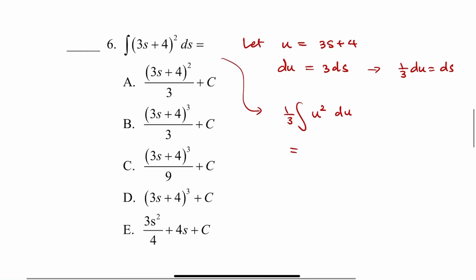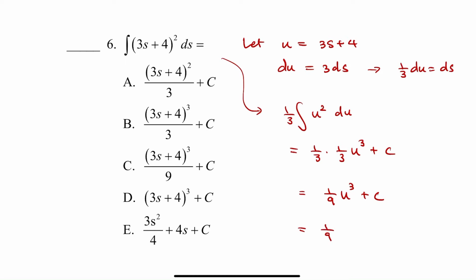Now, using power law, 1/3 times 1 over 3 u cubed plus c. Now that becomes 1 over 9 u cubed plus c, and 1 over 9 u substitute back, 3s plus 4 cube plus c. So if you look at the answer choices, should it be C?